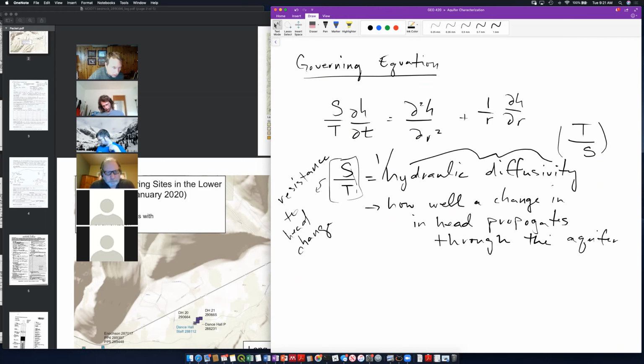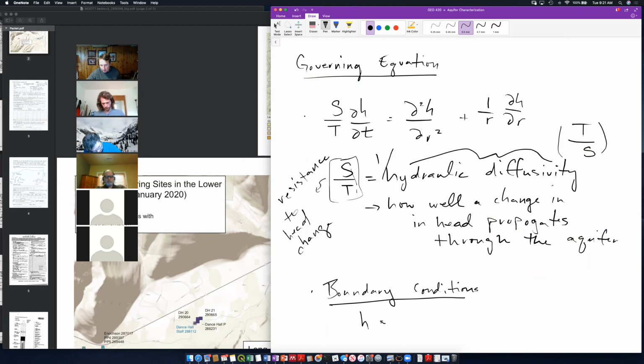All right, so we've got a governing equation. I'm going to add some boundary conditions. That is that our head is equal to H naught when our radius is equal to infinity.